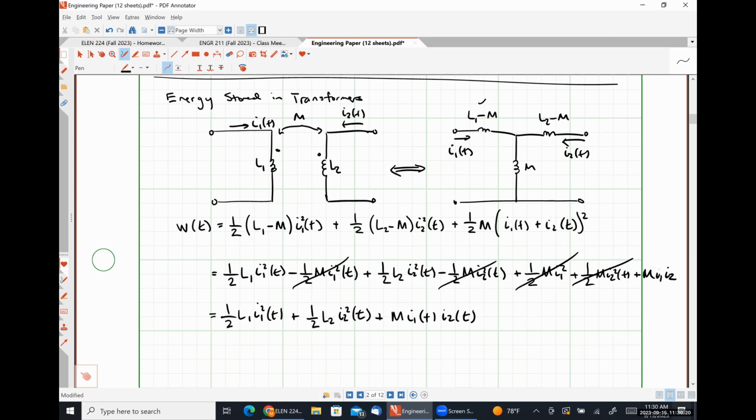But if only one of them changes direction, then M changes sign.